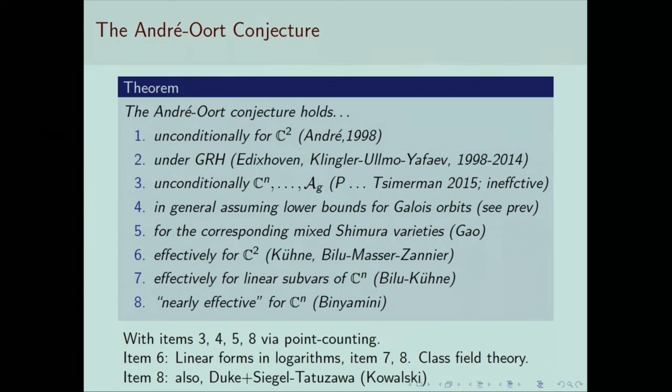GRH was basically used to give lower bounds for Galois orbits. Is there really a difference between 2 and 4? Yes, there is, because they use the GRH to get a small split prime, which is something more than just knowing that the orbit is big. Here you just need a lower bound, whereas those methods needed more.